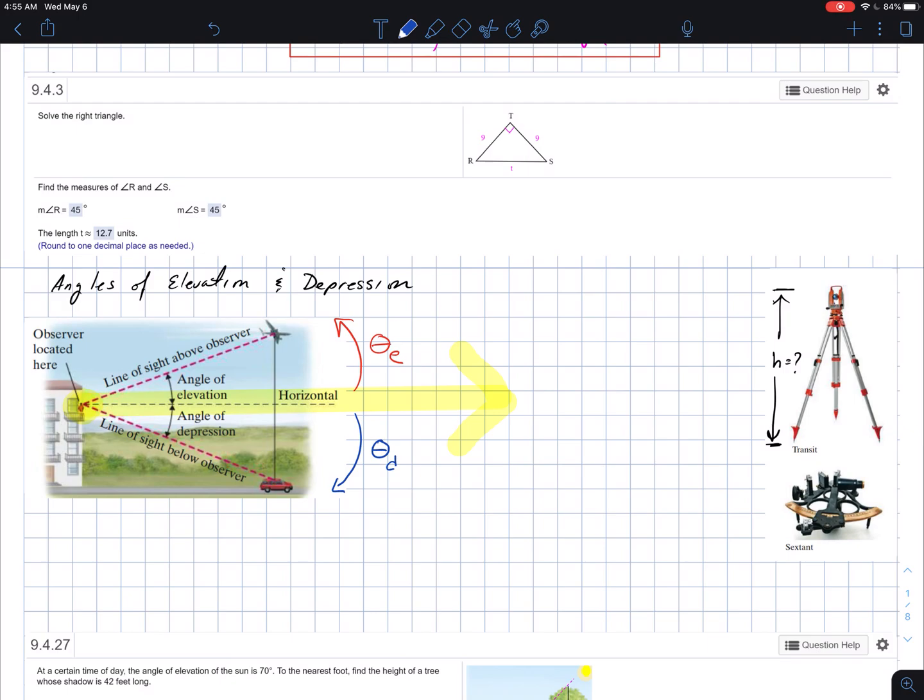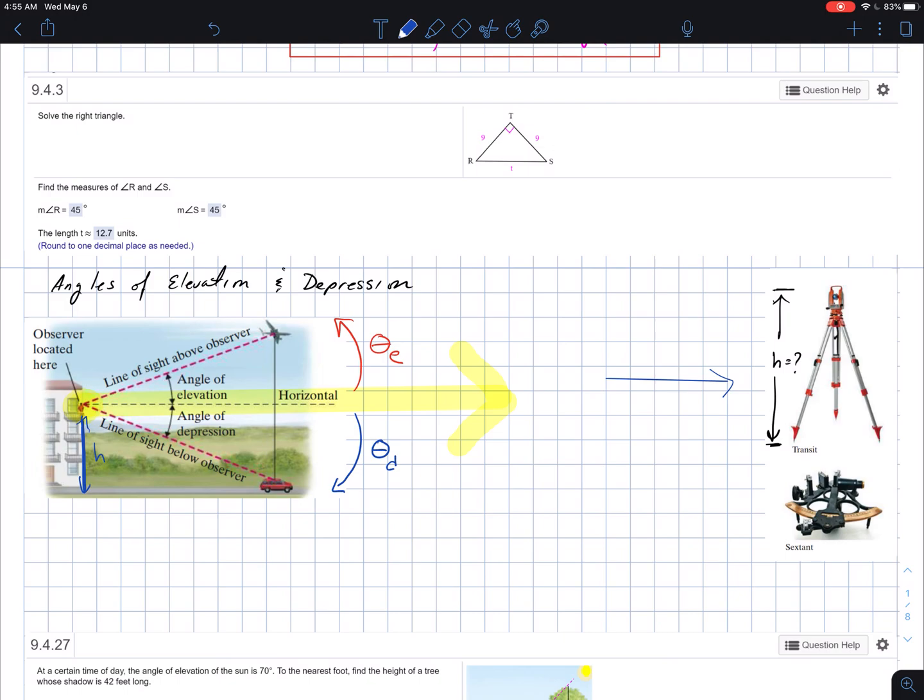Now, what happens if you're not at a specific, like in this case, you can clearly see that this person here is at a particular height. So I want to just draw your attention over to this right here. And that's called the transit.